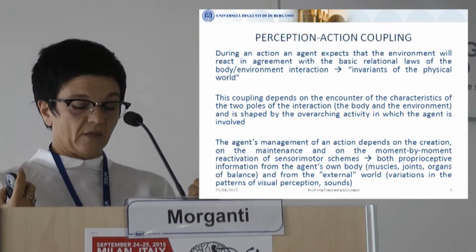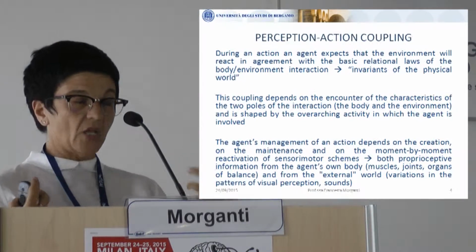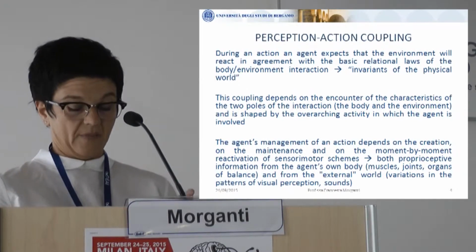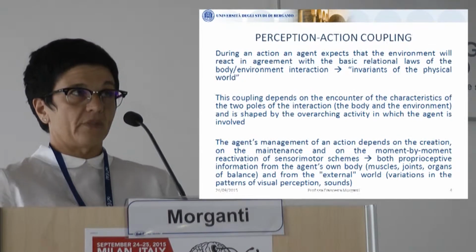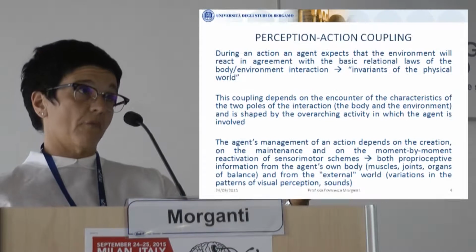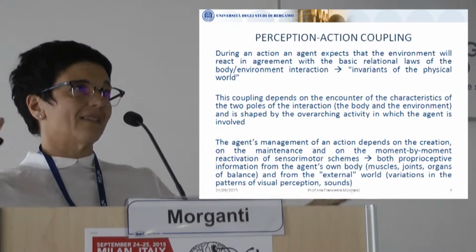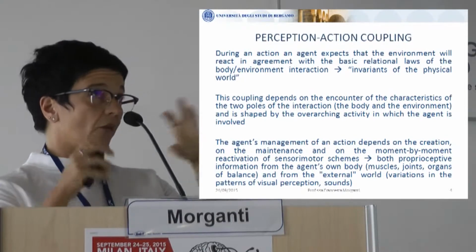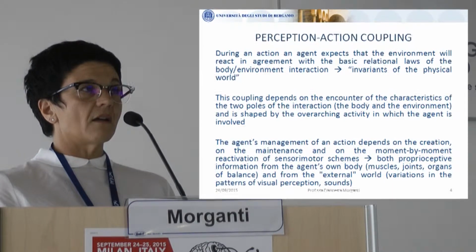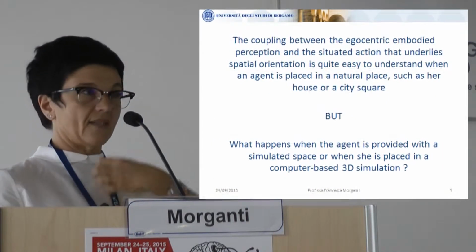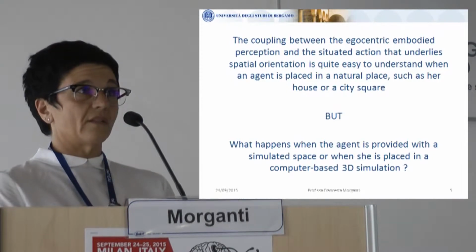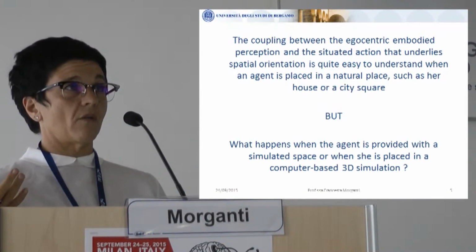The agent's management of an action depends strictly on the creation and maintenance of the movement-by-movement reactivation of these sensorimotor schemes, using both proprioceptive information from the body and information from the external world. We can't dissociate these two poles. The coupling between egocentric embodied perception and the environment is easy to understand when we live in a natural environment.